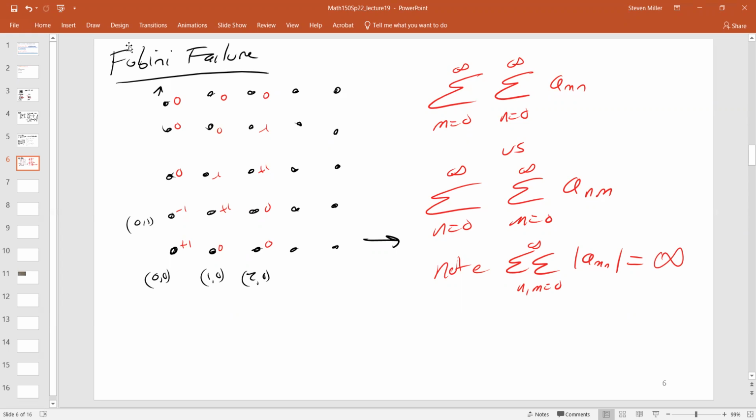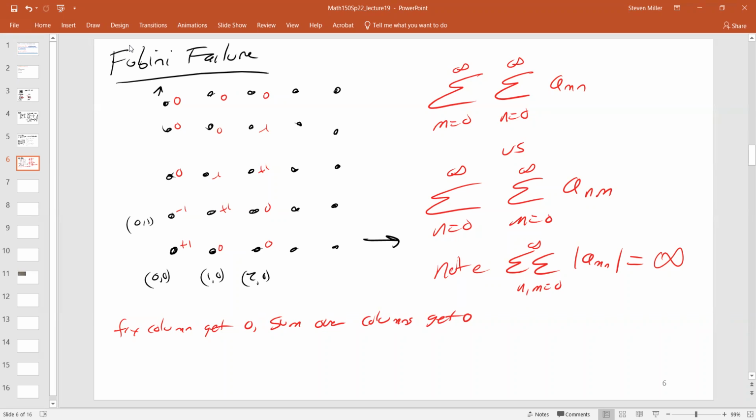What does each column sum to? 0. So if we fix a column, we get 0, and then we sum over columns, and then we get 0. What about the rows? If we fix a row, what do we get? 0, except for the first one. What's the first one?